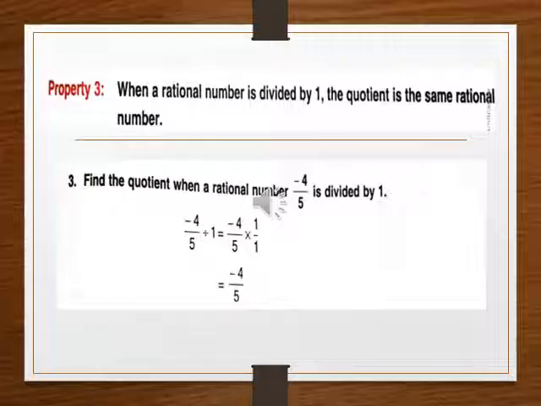What does this mean? Division changes into multiplication. The reciprocal of 1 is 1 by 1. So the answer is minus 4 by 5, because any number multiplied by 1 is the same number. So property 3 is: when a rational number is divided by 1, the quotient is the same rational number.